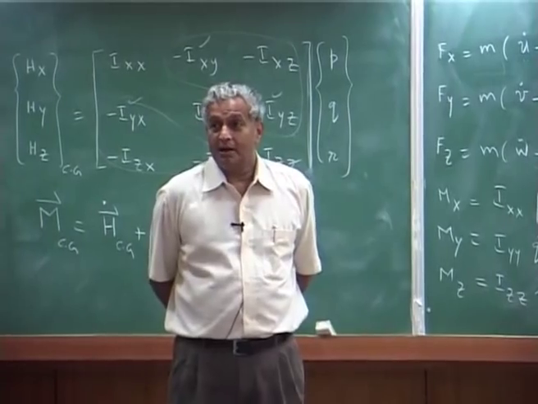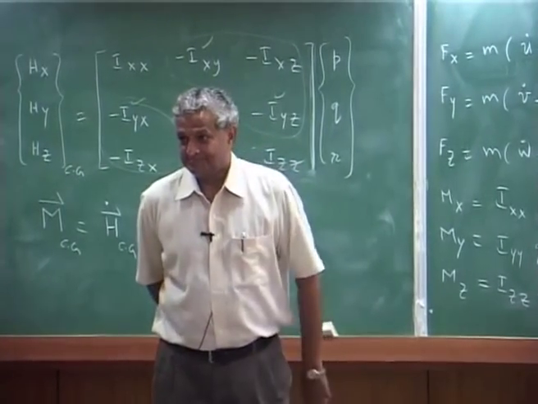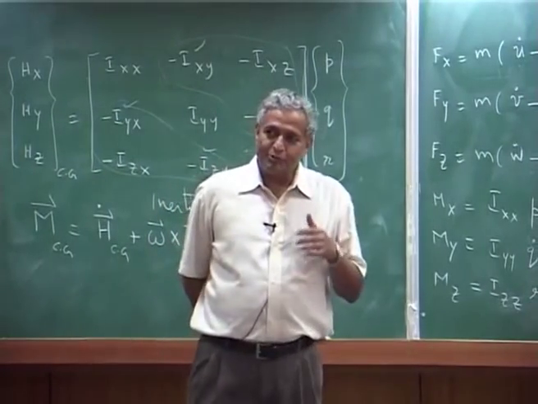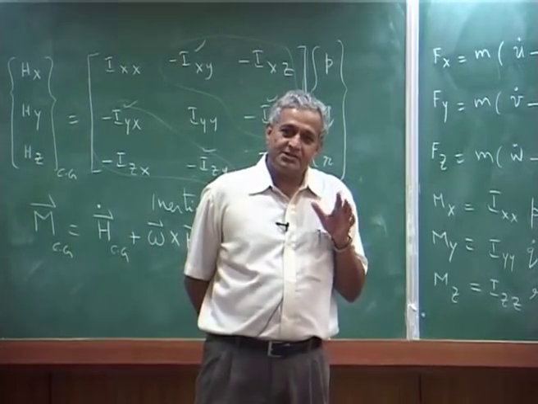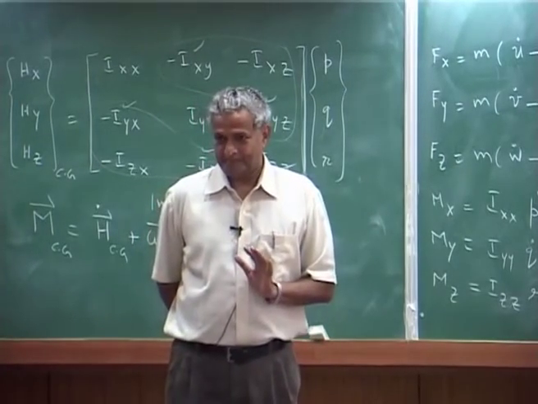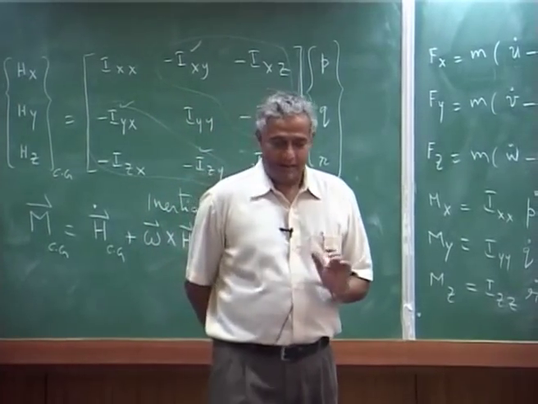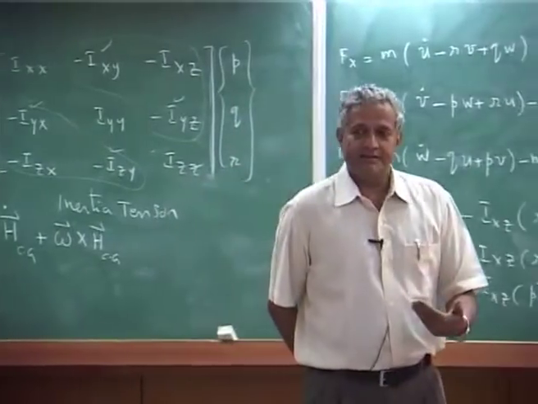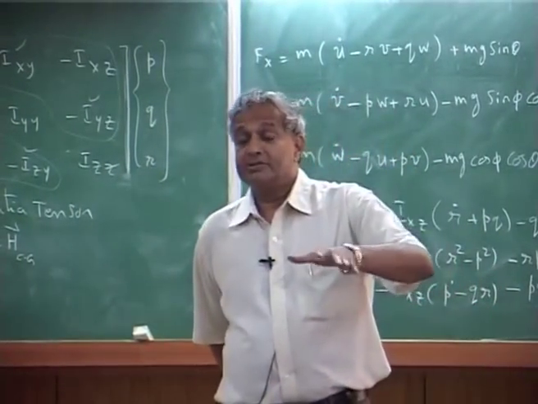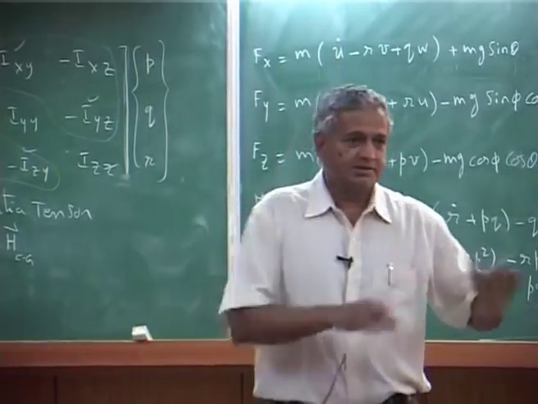What are the unknowns of the problem? First you say, I am going to fly a steady maneuver, and subsequently I will ask, if there is a perturbation about the steady state, what is the stability?